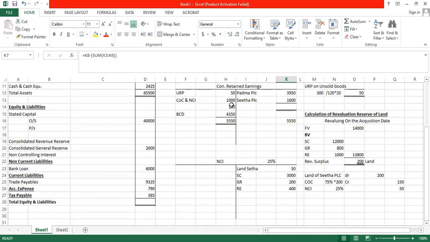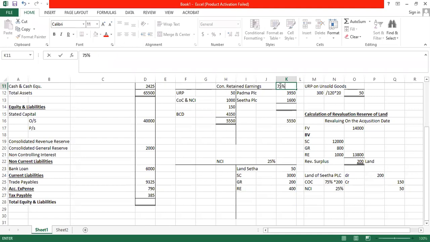That's why thereafter the 600 will be the balance. From that 600, now this is our group retained earnings. But we owned only 75%.